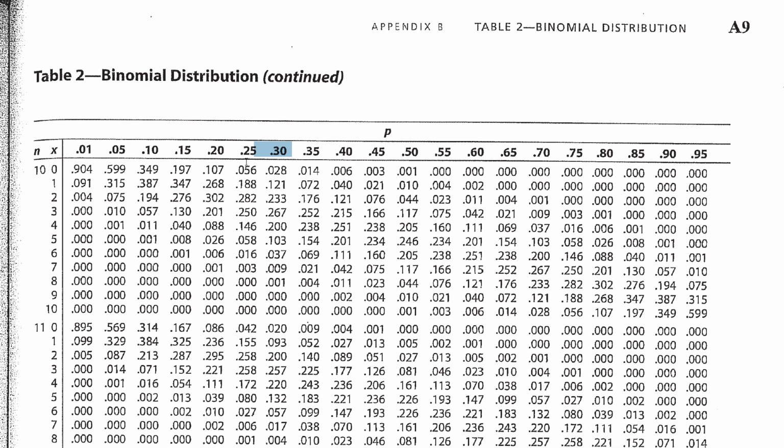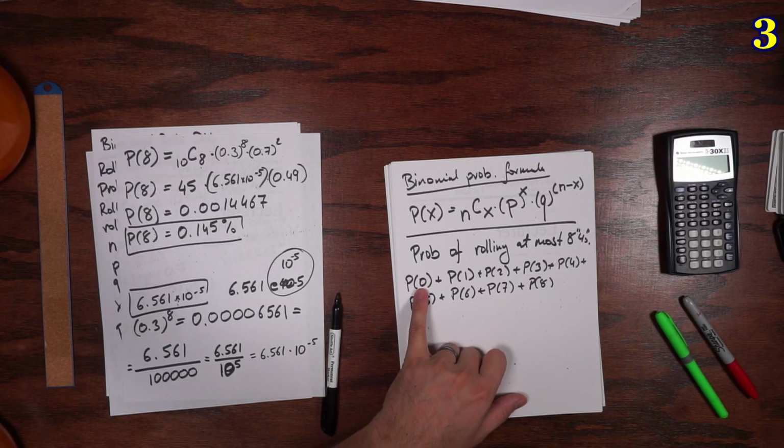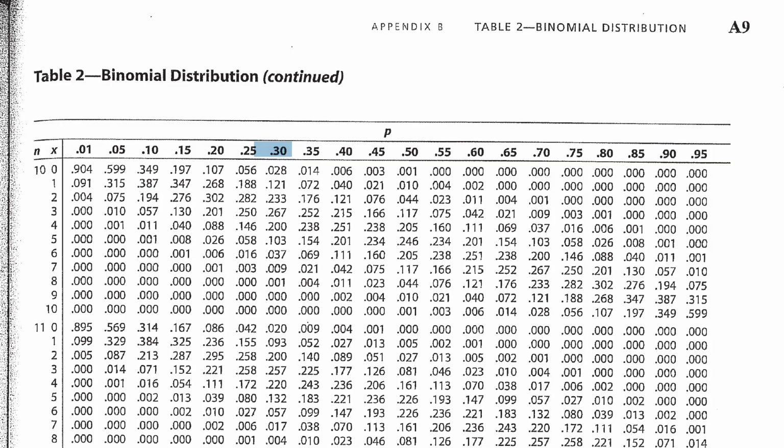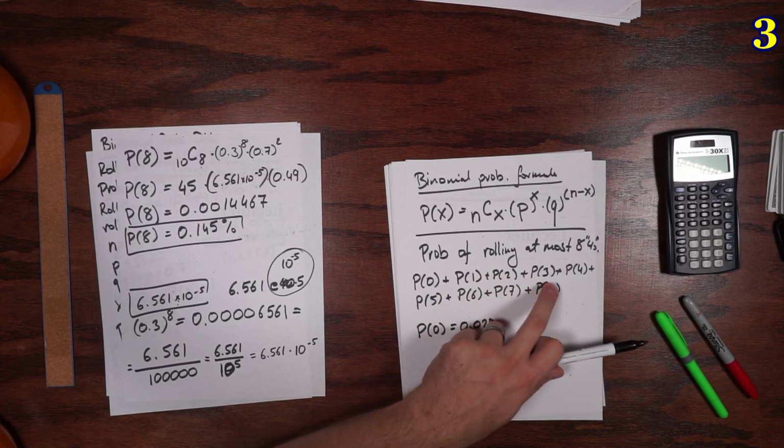And then we're looking for p of 0. So right here. Our p of 0 is that. And then p of 1, p of 2, p of 3, p of 4.